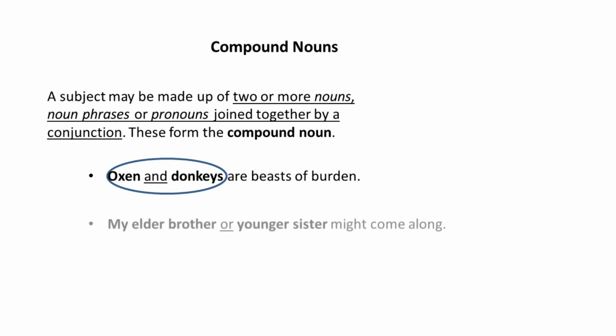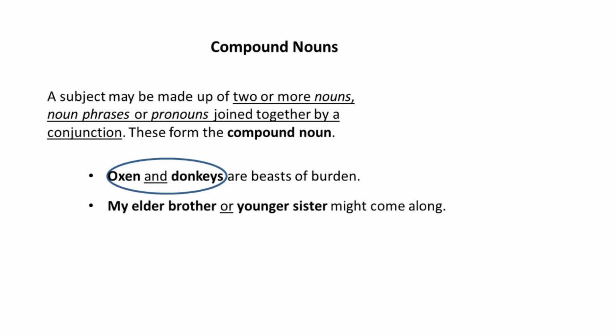Let us look at another example. My elder brother or younger sister might come along. My elder brother is a noun phrase, and younger sister is also a noun phrase. They are joined by the conjunction or. Thus, they become a compound noun and function as the subject of the sentence.